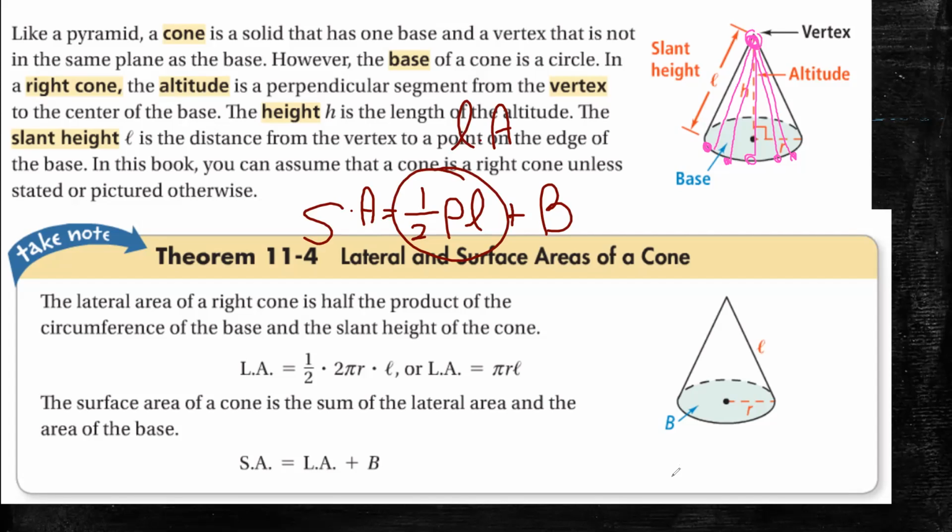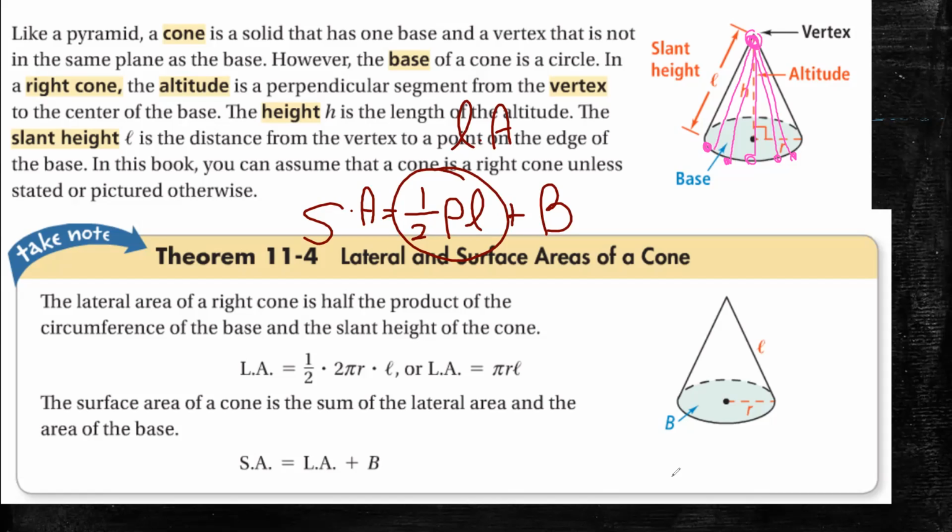Now, you say it is half the perimeter times L. Here it is the same as the cylinder, since we have only one base. The shape is not the same as the prism and the pyramid. It's only one shape, which is a circle.